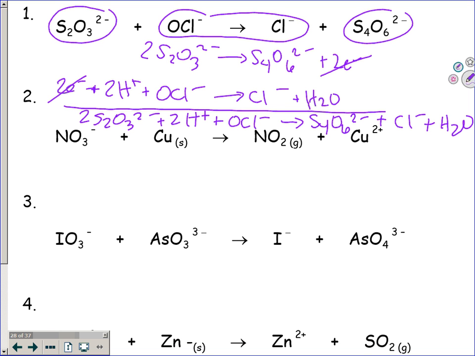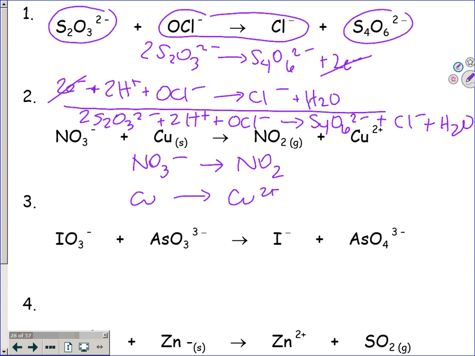Okay, so let's go to the next one, to nitrate. So what's your first half reaction you guys went with here? Nitrate going to what? Nitrogen dioxide, right? It's not an ion, don't call it ions, it's actually a compound. And then our copper solid going to copper 2+ ion, right?